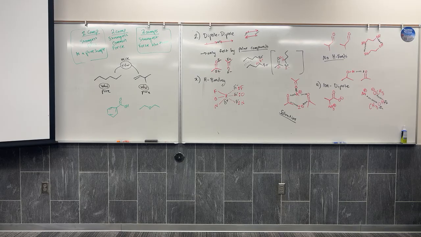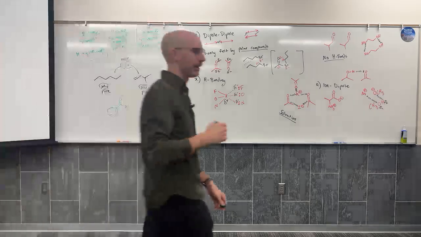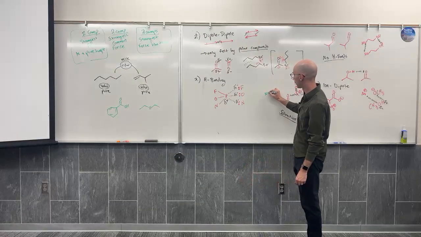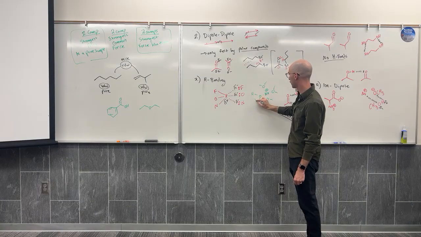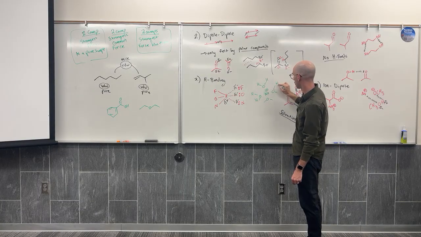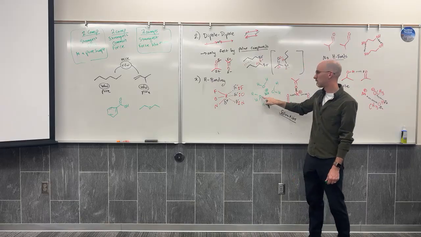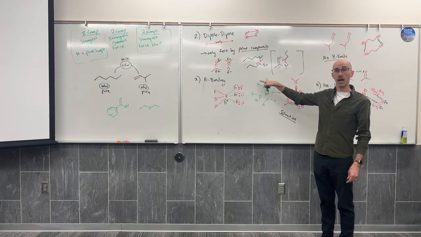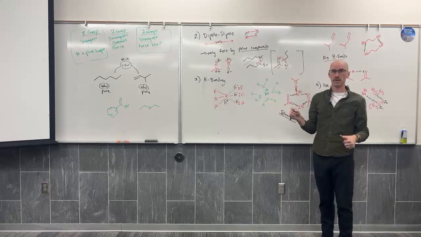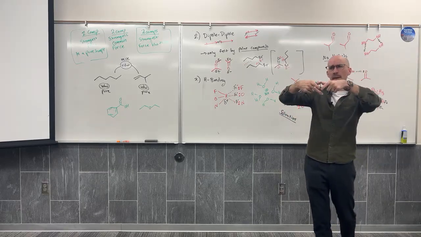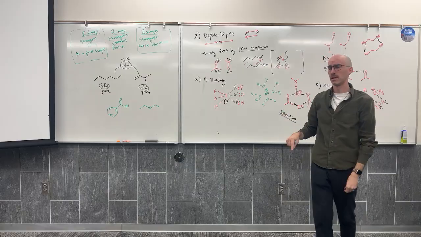They were bringing up water before, and we could show that like this. That partial negative on the oxygen of water surrounds the sodium plus, solvates it, traps it, almost like in a little bubble.